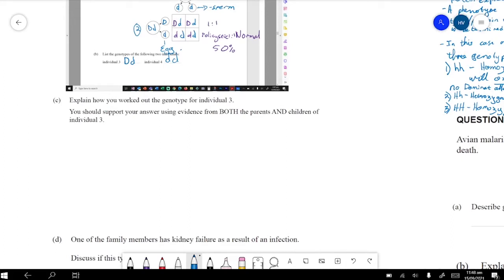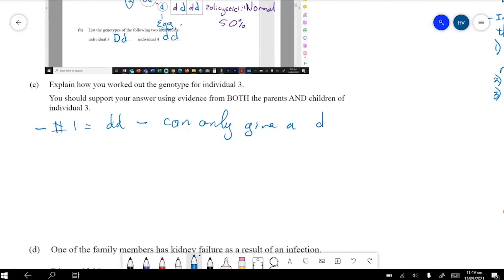So how did we figure it out? We said that individual 3's dad, number 1, is homozygous recessive and consequently can only give a little d. However, the mom is heterozygous.